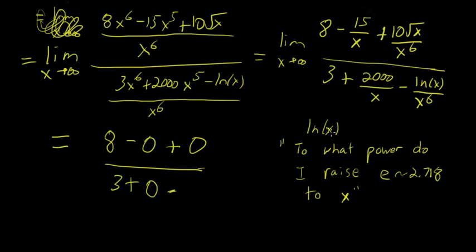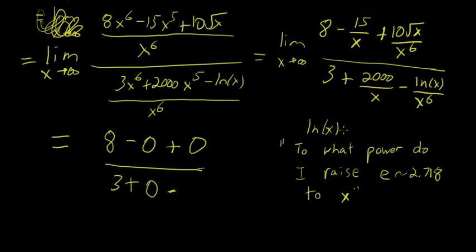For example, when you put in 10 for x, ln of x is only going to be 2 point something.